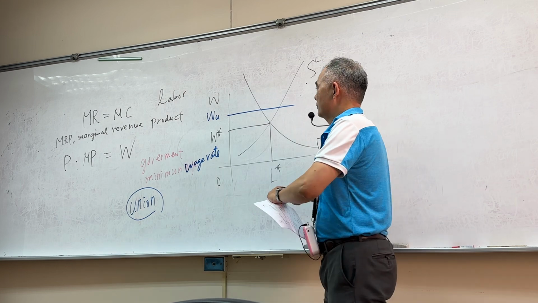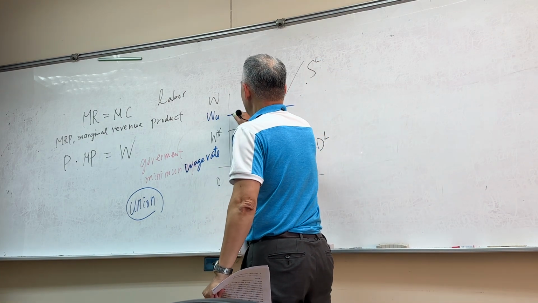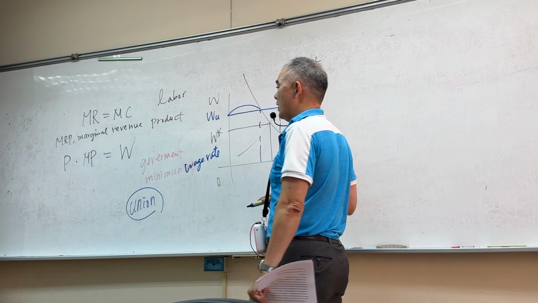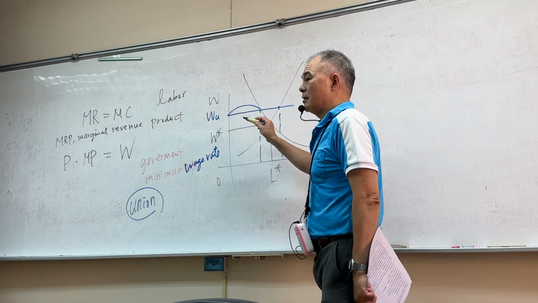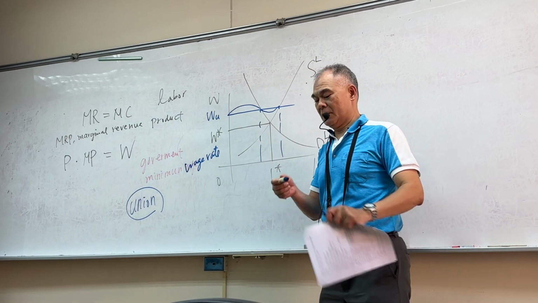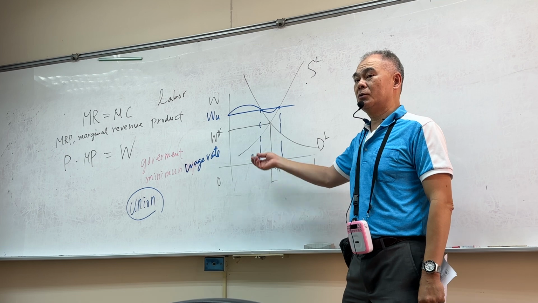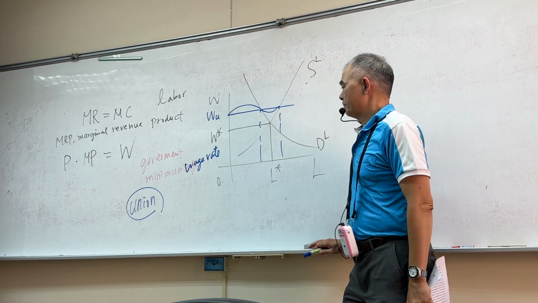So the price is higher, right? And the market is inefficient because this amount of labor is out of a job. So if you are not a union worker, you're going to suffer, okay?